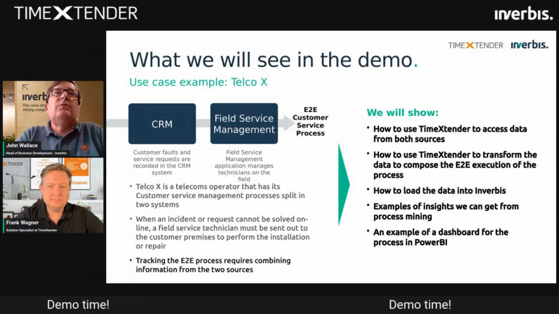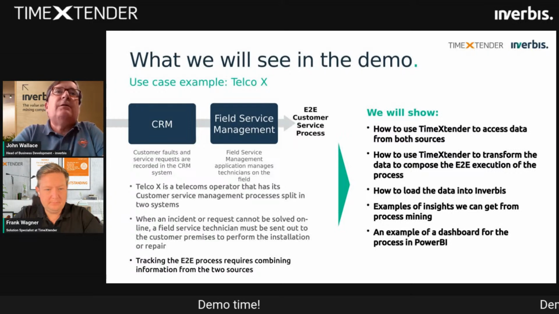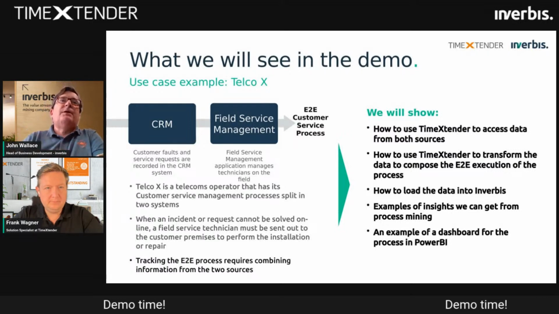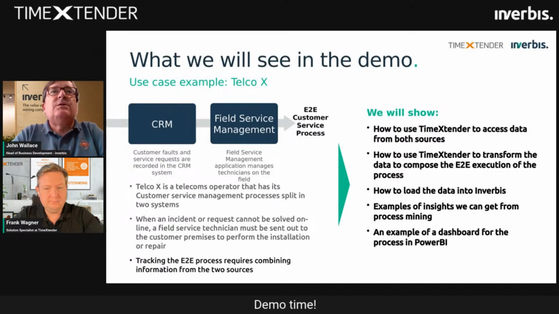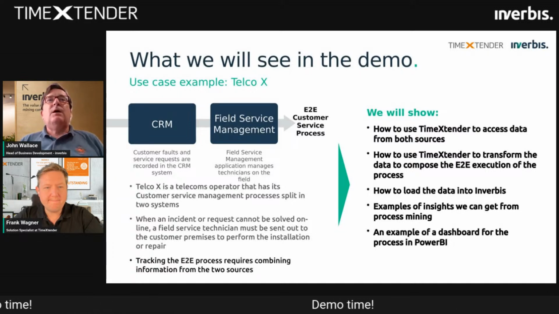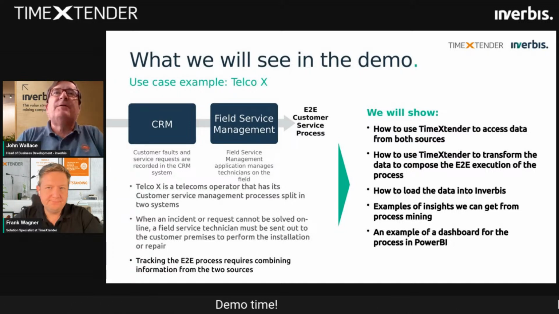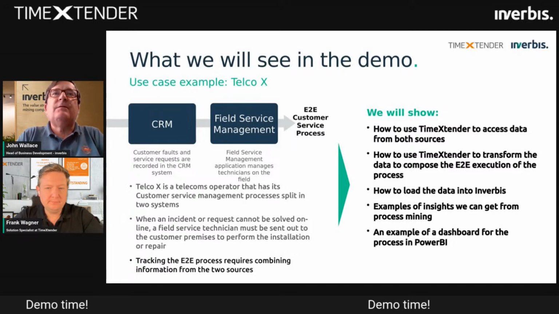The CRM is where the incidents from the clients are created by the call center, and if it can be resolved there, fine. But if they need to send a technician, if there needs to be a field service intervention, that's managed by a different system, which is the field service management system, where these field service calls and the technicians and the process of solving problems at the customer's premises is managed, right?